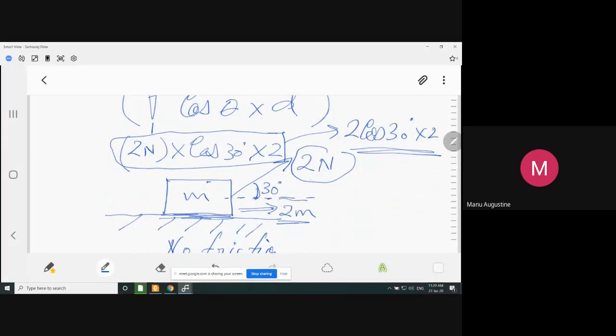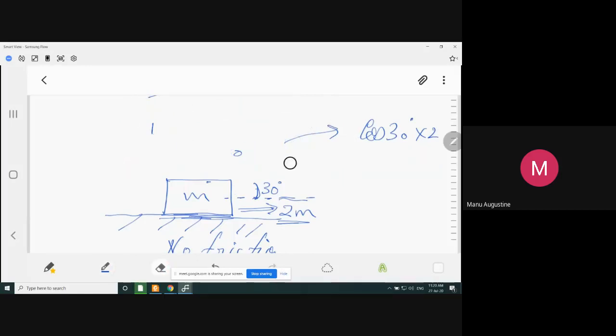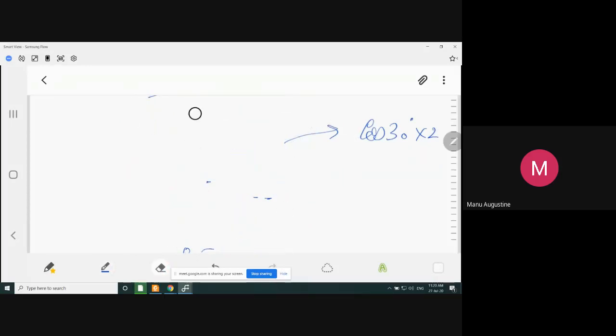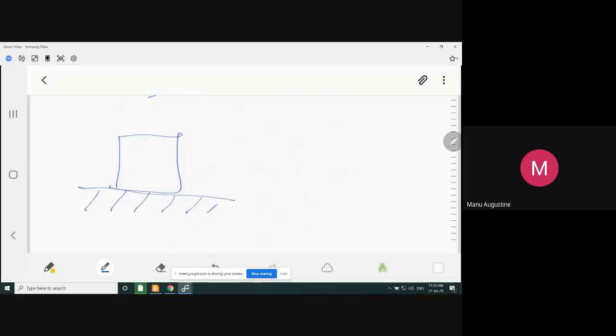See, the definition of work is force into distance. For example, if I redraw the image like this, let us say the block is here, frictionless surface is here.